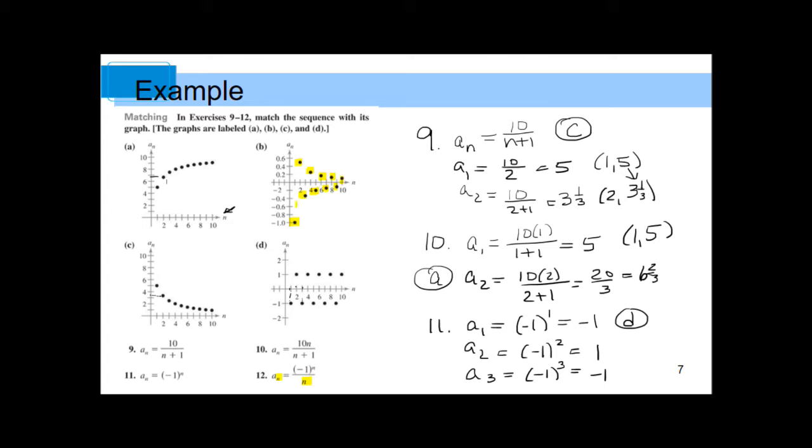Notice these are coming in toward the axis, but from two different sides. So it's still alternating because it's going opposite sides of the axis, but we see that the values are getting closer together over time, or over the course of the sequence.